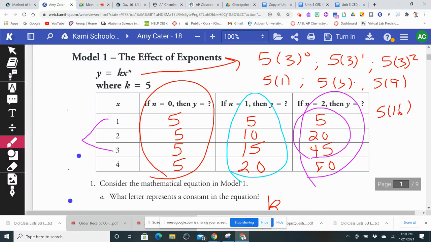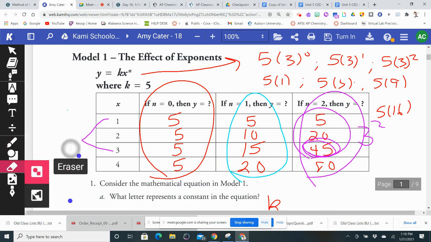Right here. Oh, okay. Right there. Oh, I'm looking at the wrong one. I'm sorry. No, you're fine. That make sense? Yes. So we increased this by 3. This increased by 3 squared. 5 times 9 is 45. Okay. All right. Moving on to the next question.